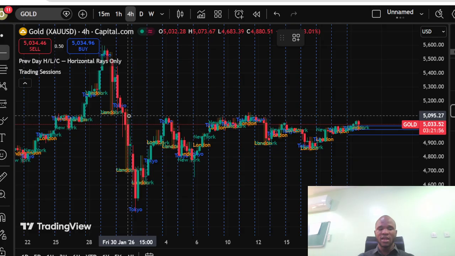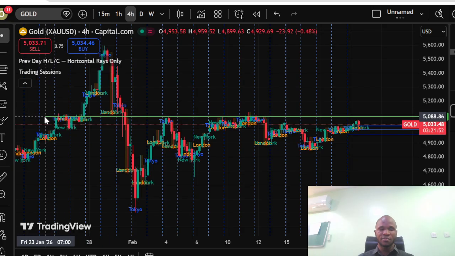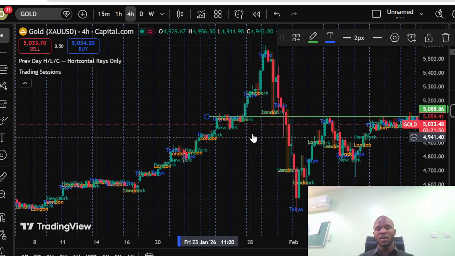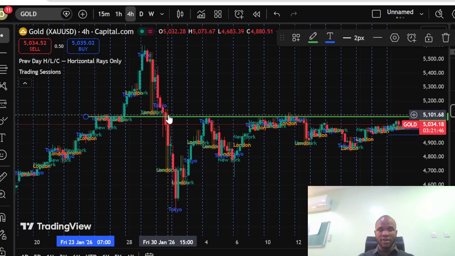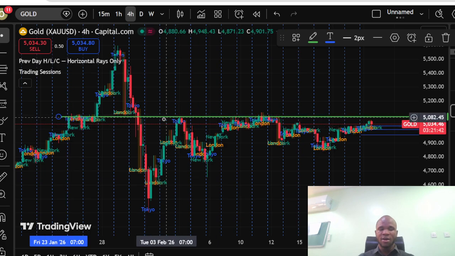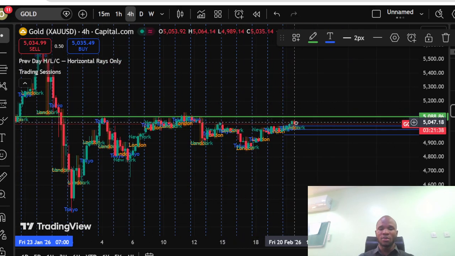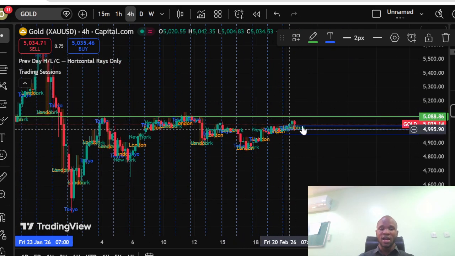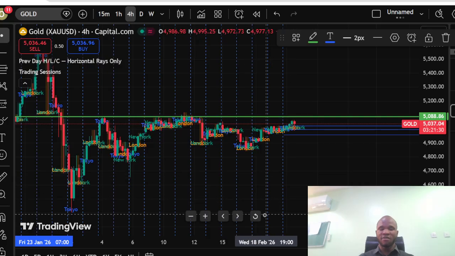Now on the daily time frame, there's a very great resistance level here. You see price has tested here, here, and here. And what happened? It has gone up again. Anytime price gets to this point, it rejects very massively.